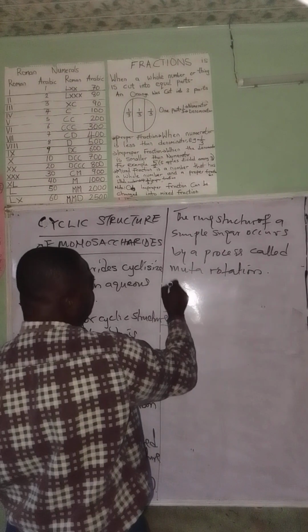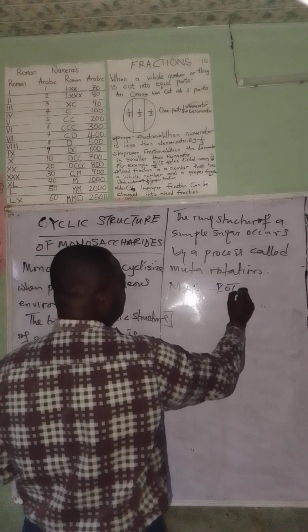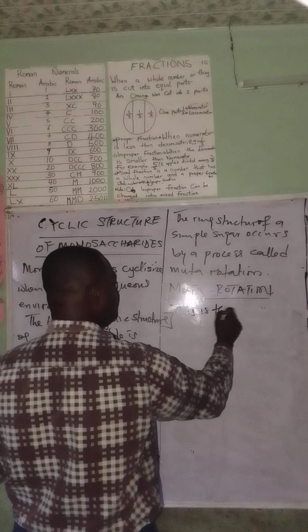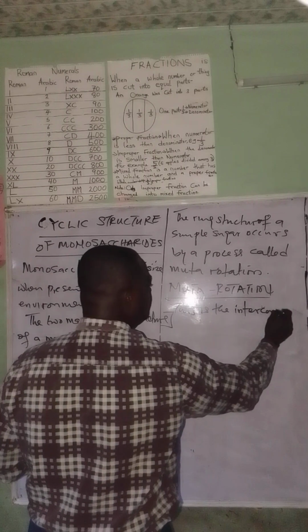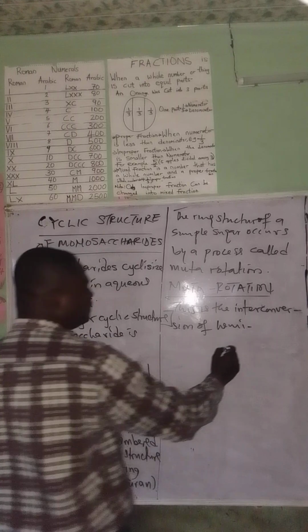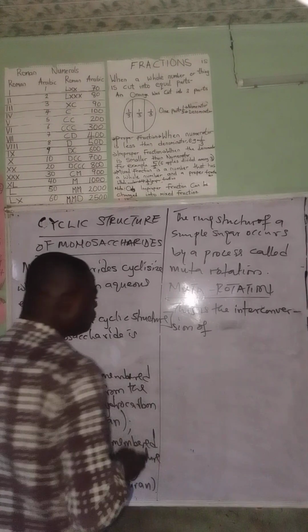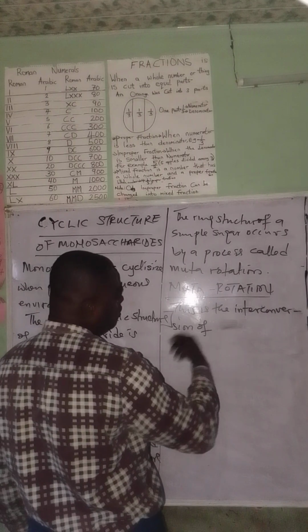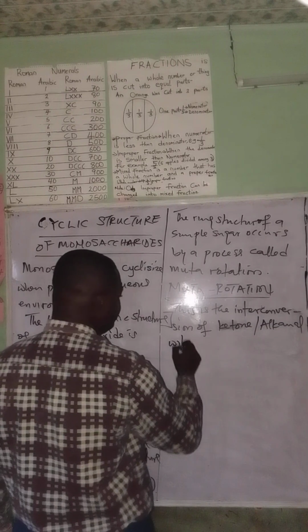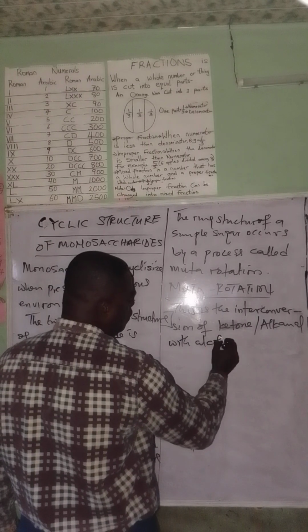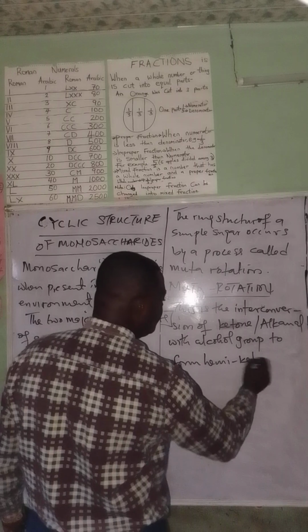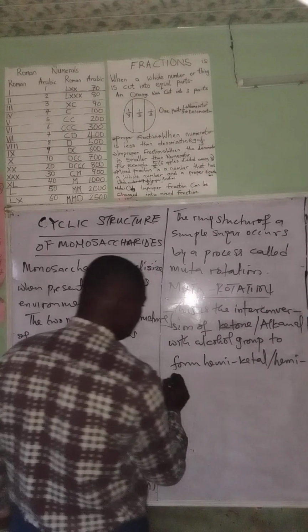Somebody else should define mutarotation. Mutarotation is the interconversion of hemiketal, of ketone or alkanal with alcohol, to form a hemiketal or hemiacetal group.